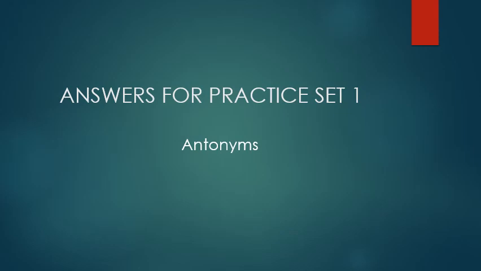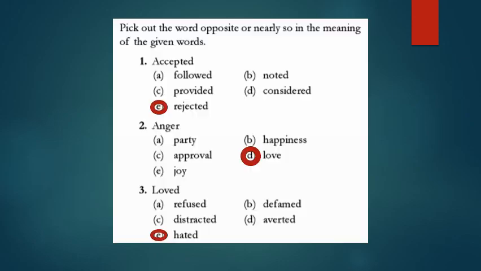Let's see the answers for these questions which you attempted. The first practice set is quite easy. I am quite sure that you must have answered all the questions. So let's see the answers now. First one, accepted. Answer is rejected. Anger, answer is D, love. Third one, loved, answer is hated.